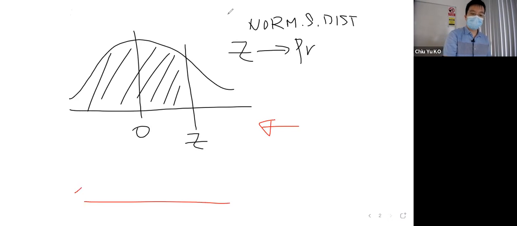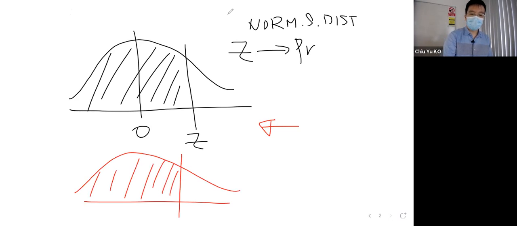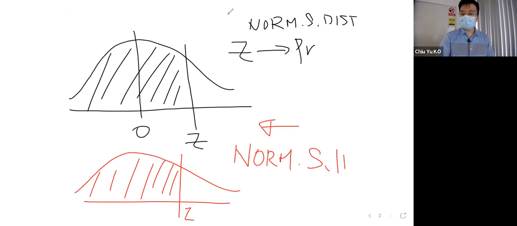I give you the probability here. What is this? We call this norm S inverse. Just reverse what we're doing. Before, I give you a number, you give me the area. Now I give the area, you give me the number. Is that okay?